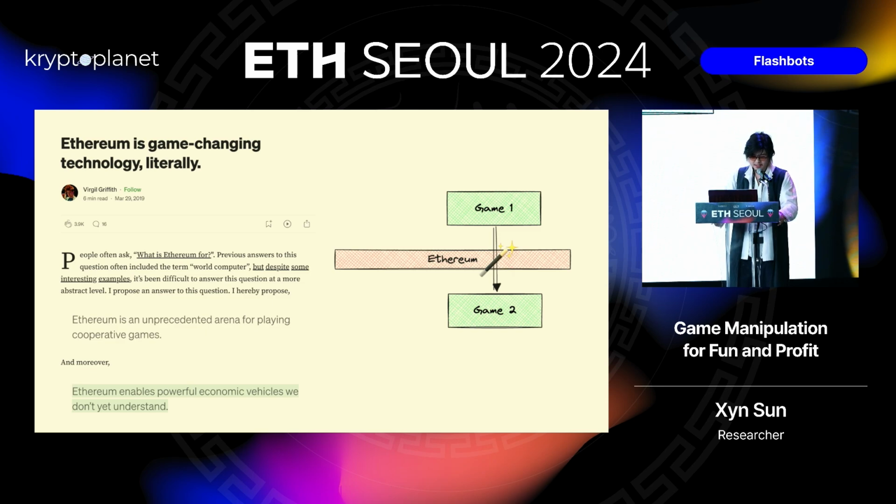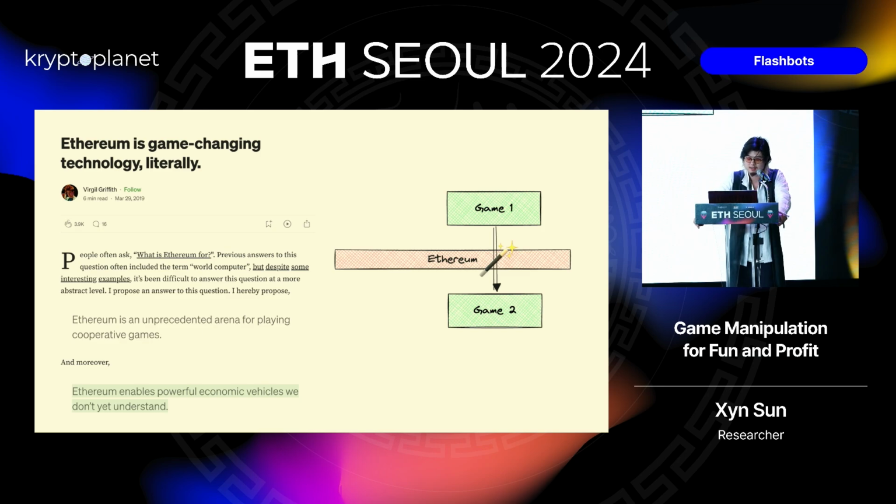Back in, I guess, 2018, 2019, Virgil, who later went on to, well, North Korea. But at that time, he published this very influential blog post called "Ethereum is a Game Technology," literally, which basically argues that the best use case for Ethereum or stateful blockchains is to take an existing game and warp the incentives of this existing game by deploying side contracts or commitments that make people play the game differently, right?